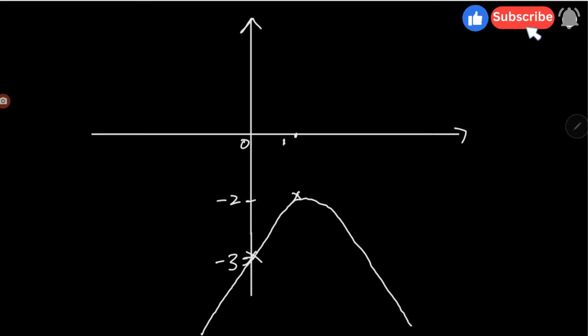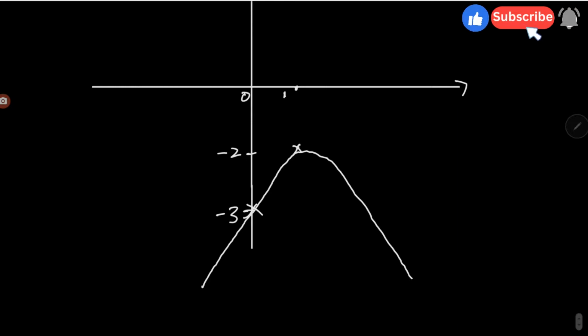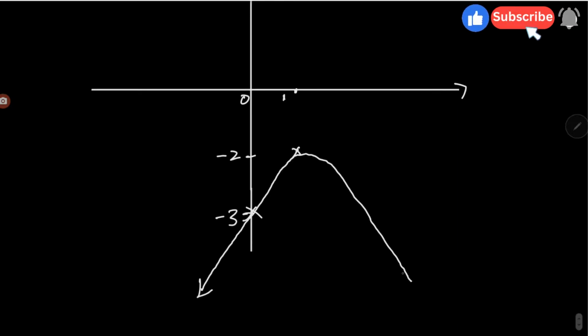Okay, so that will be our graph. Because of how it is, we can see that the graph is not even touching the x-axis because our roots are imaginary. It is not crossing the x-axis.